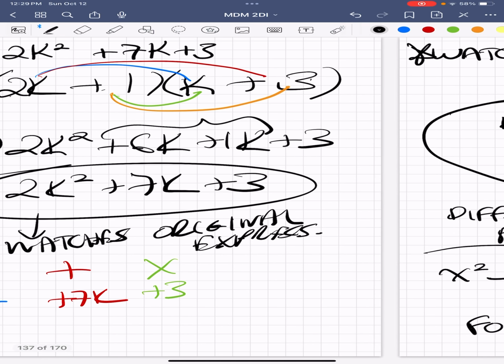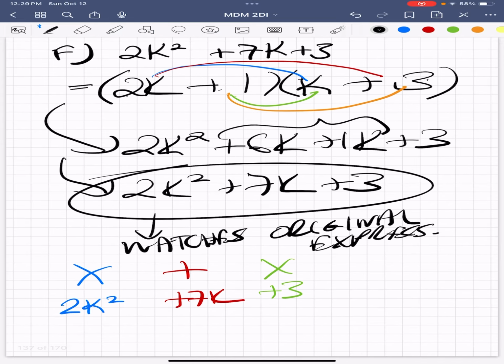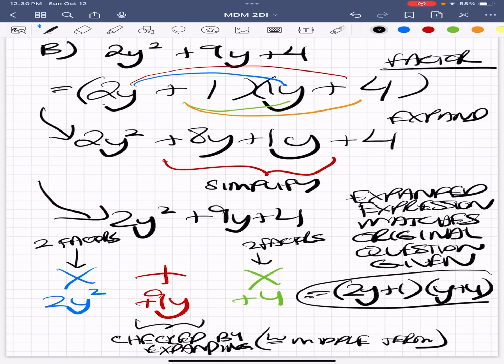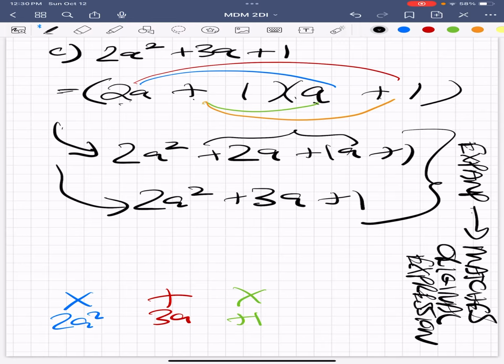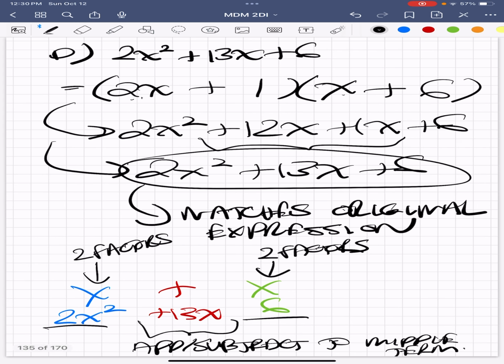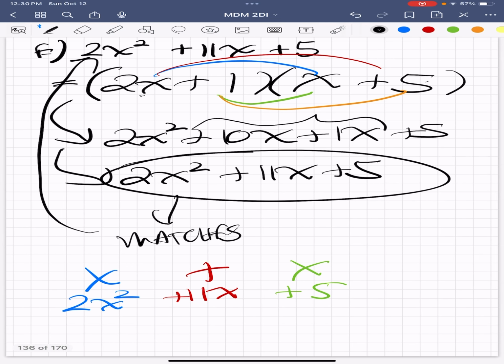And moving on. So that is all I have for us today with complex trinomials. We are going to go back and we're going to circle our answers or restate them. So we have (2a plus 1)(a plus 1), and we'll circle it. And then we have (2x plus 1)(x plus 6), circle that.